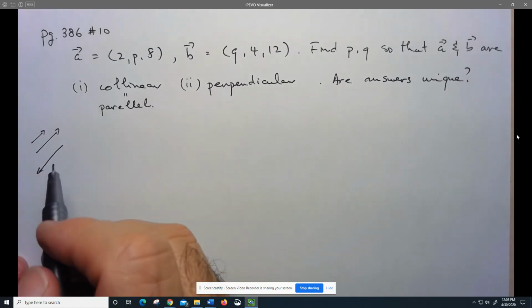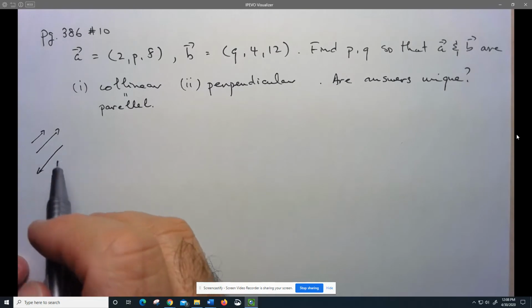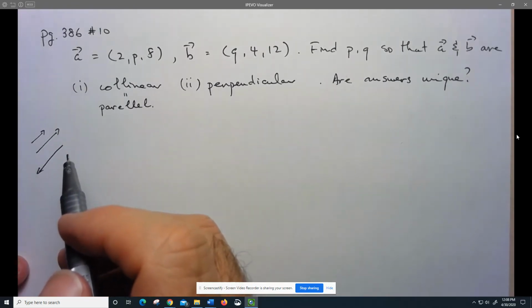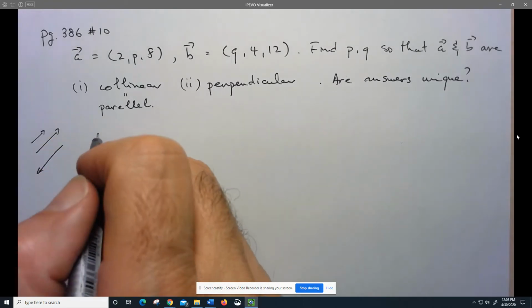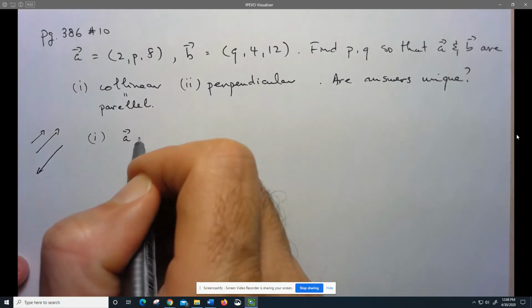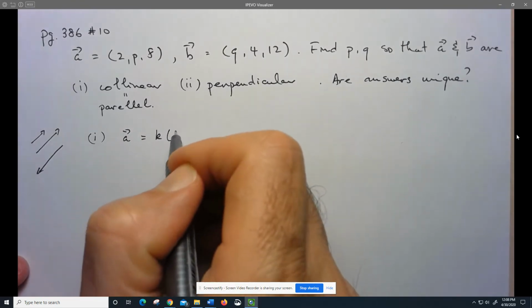So in order for two vectors to be parallel or collinear, they need to be scalar multiples of each other, and those scalar multiples could be negative. So essentially, in number one, I need to have vector A written as some scalar multiple of vector B.